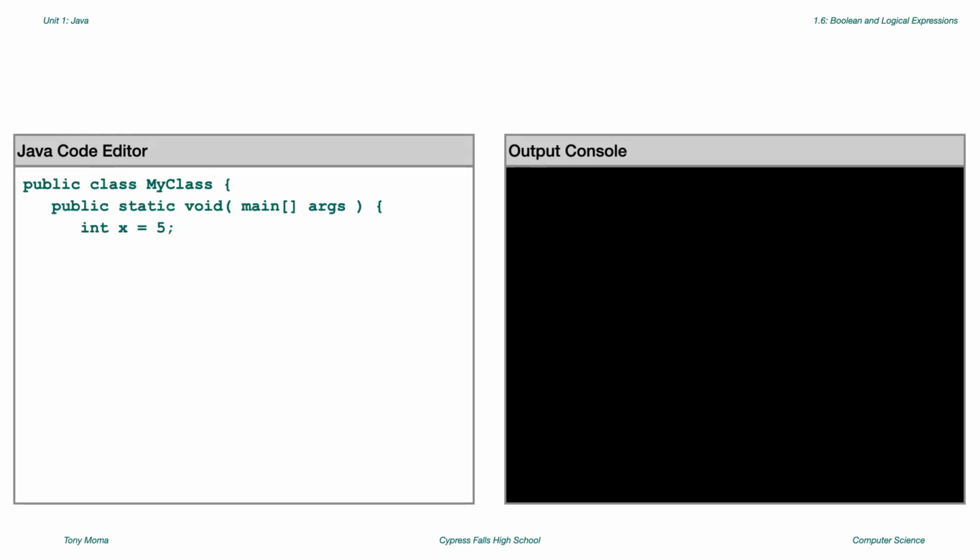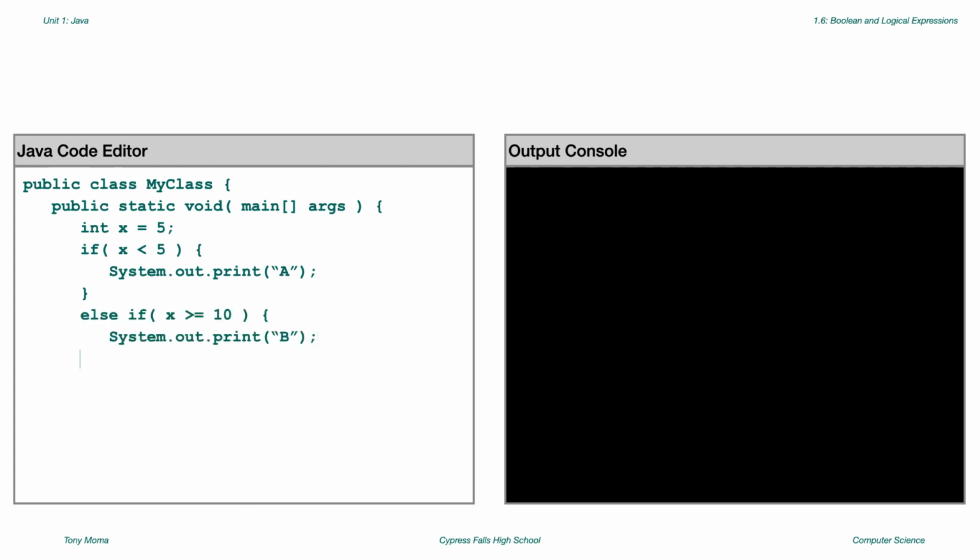Suppose in the main method, I declare a variable named x and set it equal to 5. Then for the first if statement, I write if x is less than 5, print a. Else, if x is greater than or equal to 10, print b. Else, print C. So my default case is simply to print out capital C. Here's how the Java interpreter would execute.